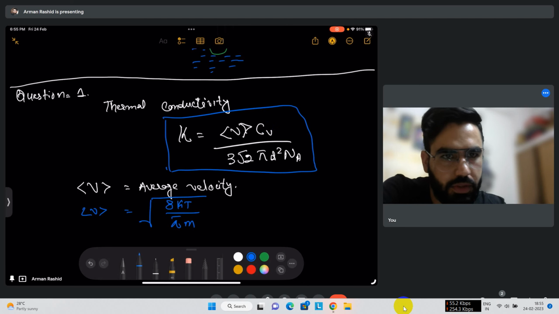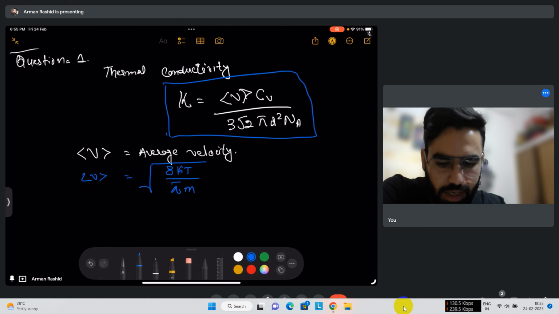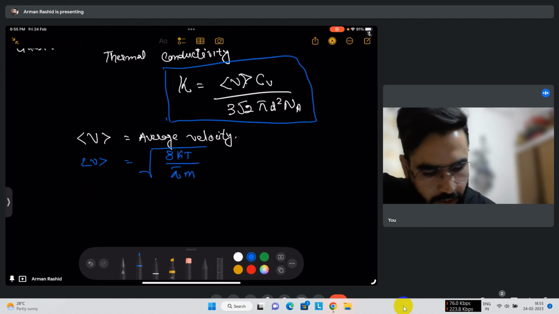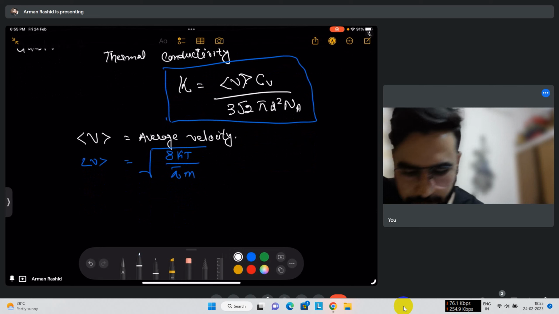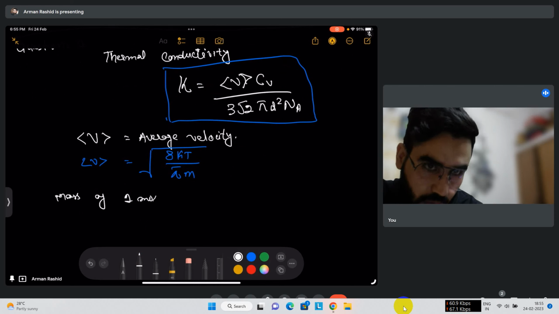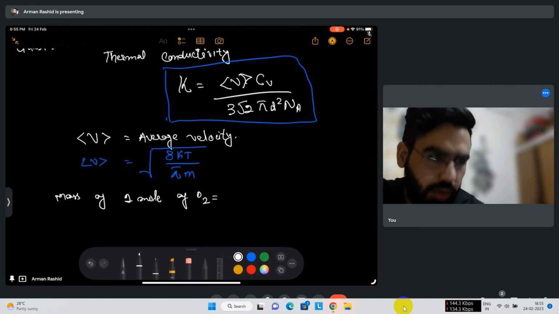So we have to determine the thermal conductivity. We know that the mass of 1 mole of oxygen is equivalent to the molar mass, 32 grams.